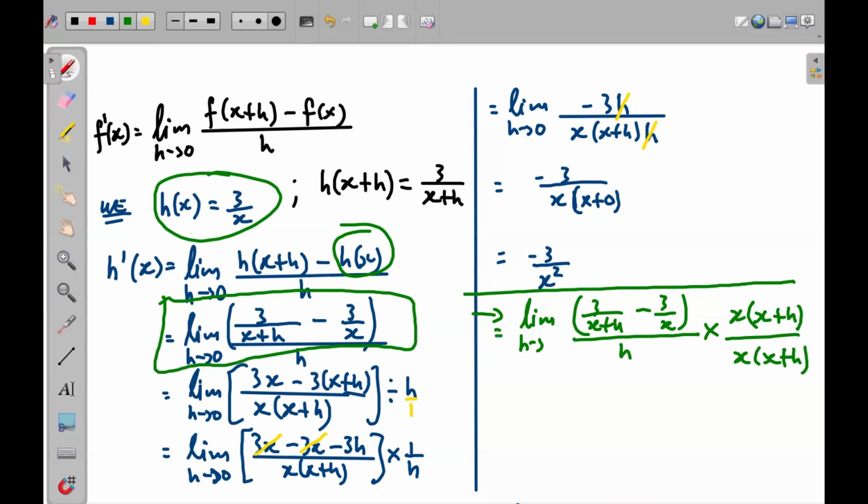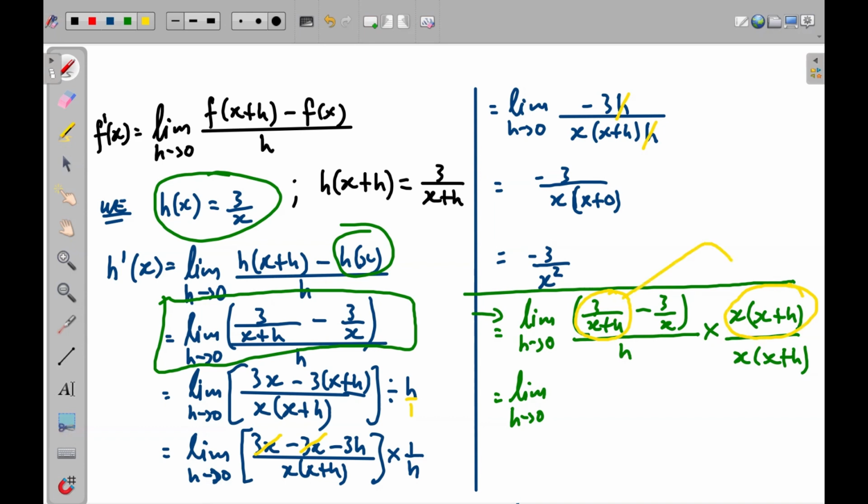But the tricky part here, and this is where it becomes important that you make your own choice, whether you want to go with the blue method or the green. So watch this now. Very important to note that when we multiply here, remember what I said, you're going to multiply numerator by numerator and denominator by denominator. So it's important to note that this 3 over x plus h is going to be multiplied by x times x plus h.